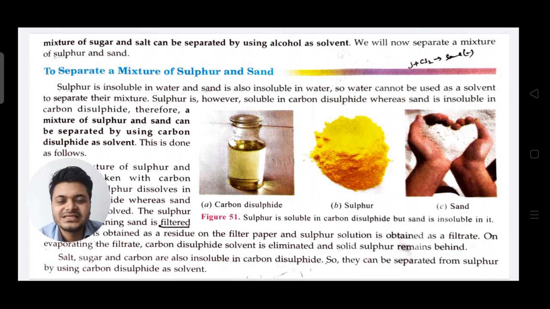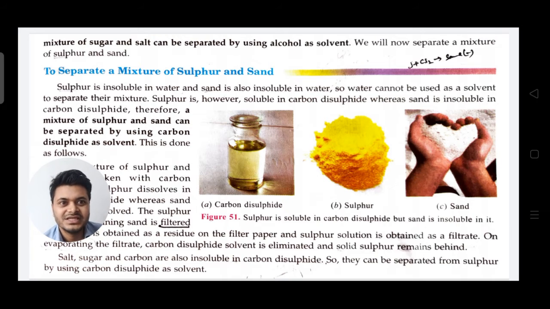You can see in the next experiment how we can separate a mixture of sulfur and sand. The diagram of sulfur is given, and the picture of sand is given. Sulfur is insoluble in water, and sand is also insoluble in water, so water cannot be used as a solvent to separate the mixture because sulfur and sand both are insoluble in water.